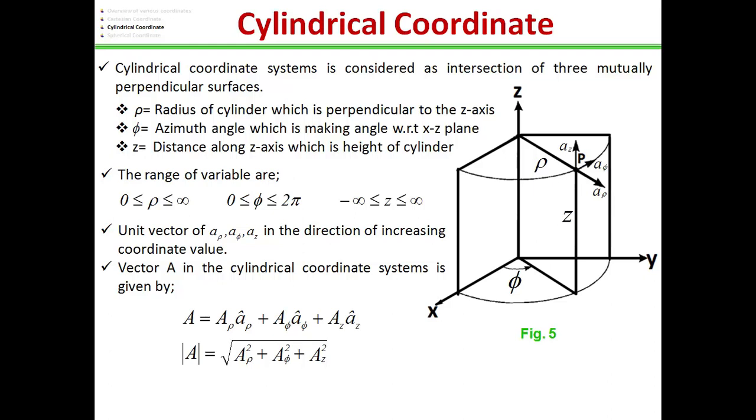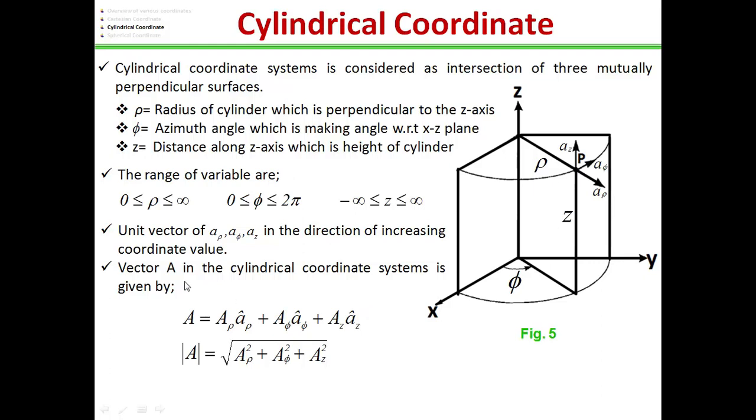And the unit vectors a rho, a phi, a z are in the direction of increasing coordinate value. If we look at the point P, a rho is the unit vector along the rho direction, a phi is the unit vector along the phi direction, and a z is the unit vector along the z direction.